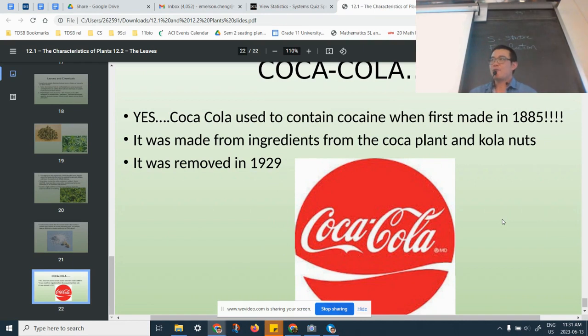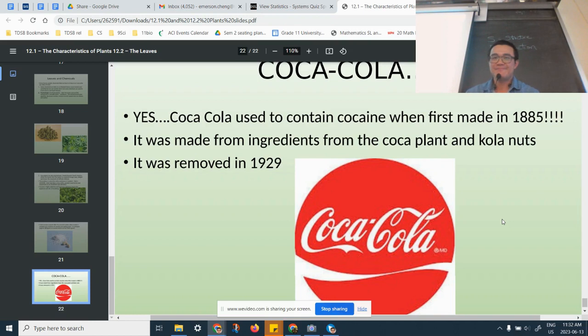Now, concerning the fact is this: if Coca-Cola still had cocaine, I'm pretty sure it would cost a lot more money. I don't know about everyone being dead, but it would probably cost more. And technically, you can concentrate the cocaine from Coca-Cola, but you can't.